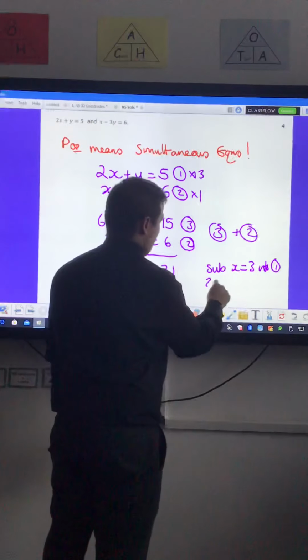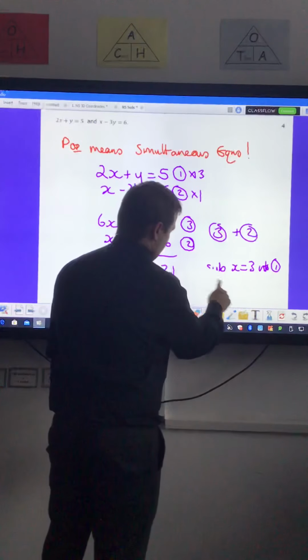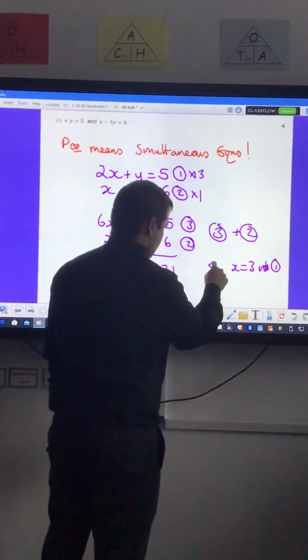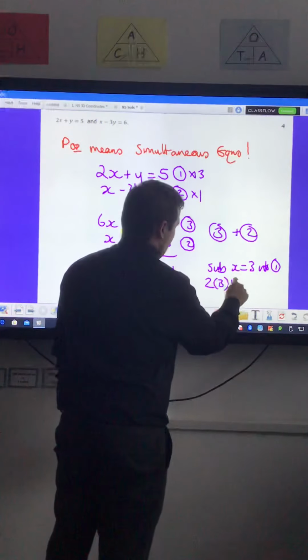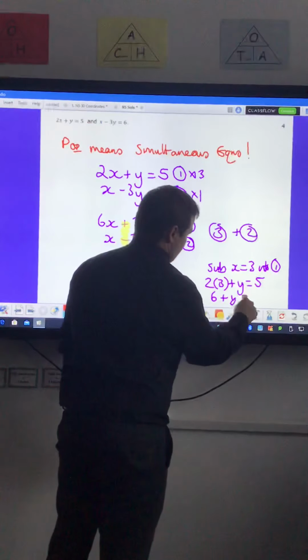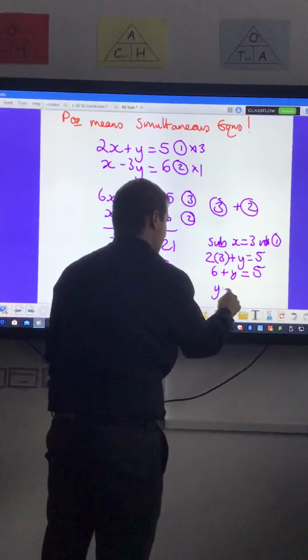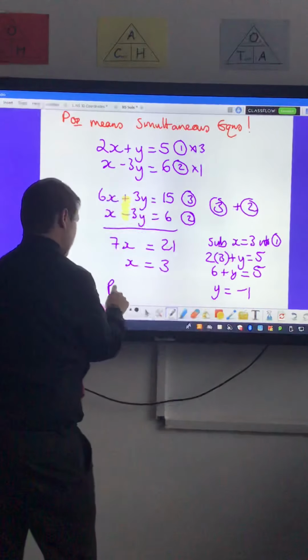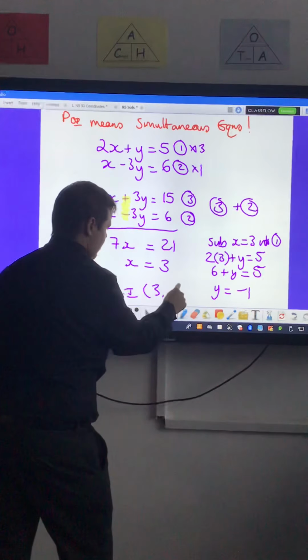That's going to give me 2 lots of 3 plus y equals 5. That gives me 6 plus y equals 5. So y is minus 1, and your point of intersection therefore is (3, -1).